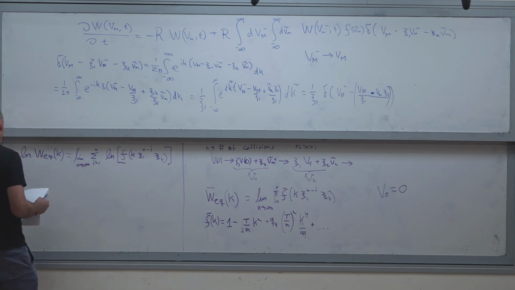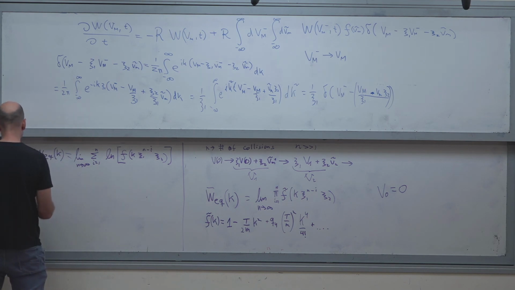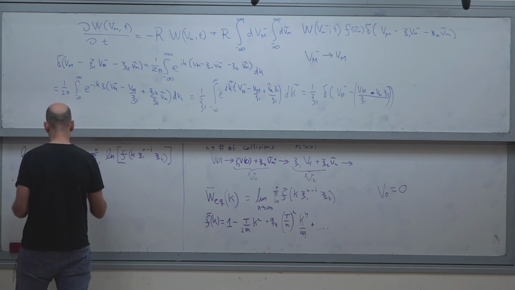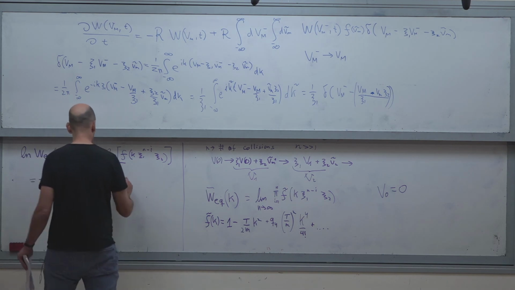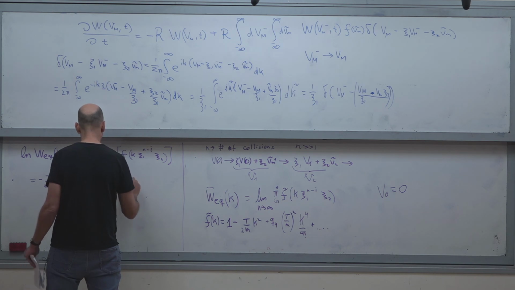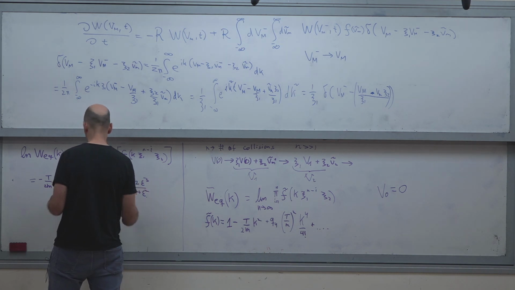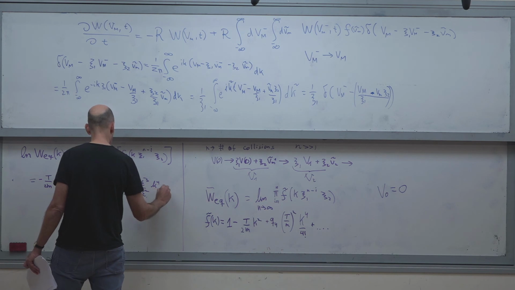If you do that, what you get is the following. You plug it in, 2 over m, epsilon k squared plus Q4 minus 3 over 4 factorial, t over m to power 2, 2 epsilon to the power 3, 1 plus epsilon to power 2, k4 plus.